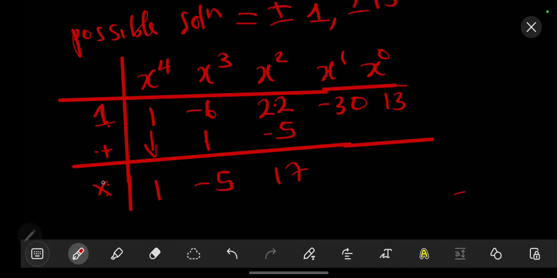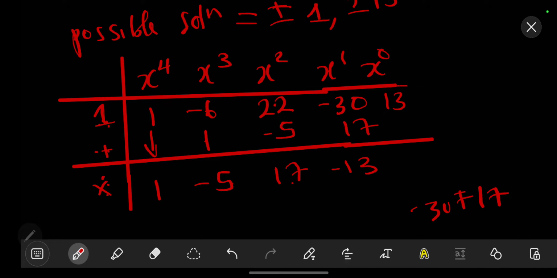Then from there, multiply. 1 times 17 will give us a positive 17. Then add negative 30 plus 17. This will give us a value that is equivalent to negative 13, like that.